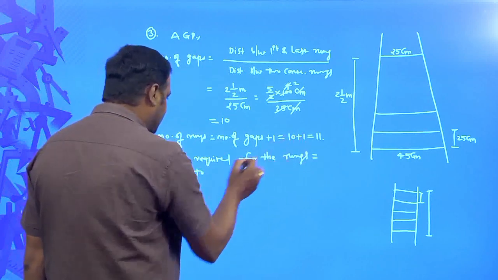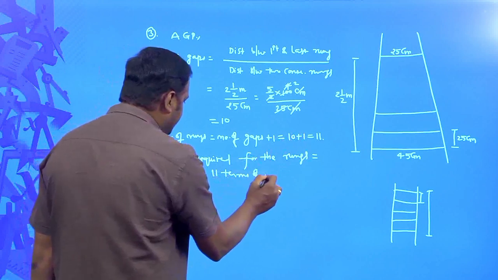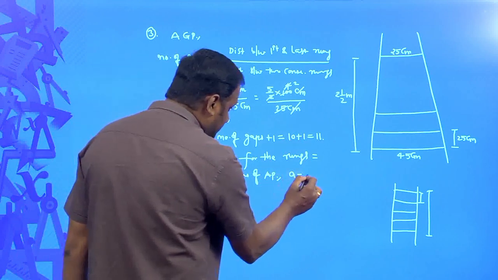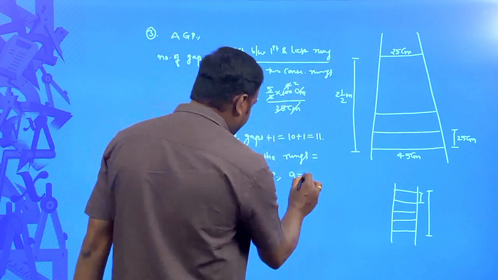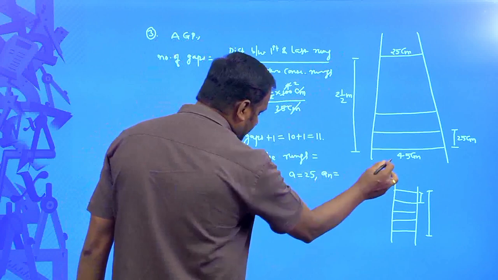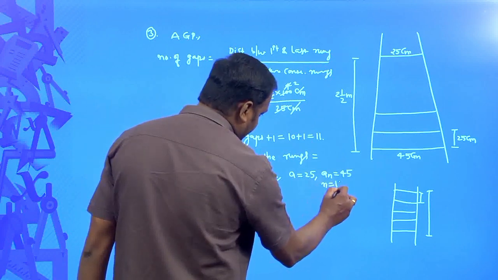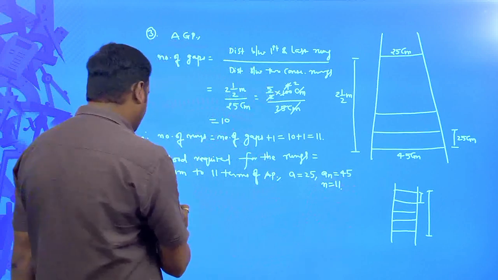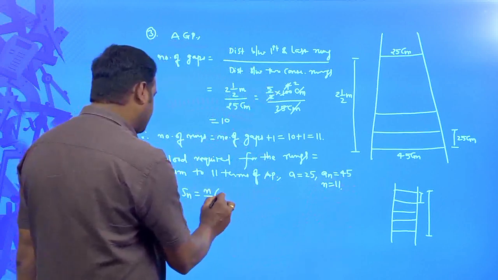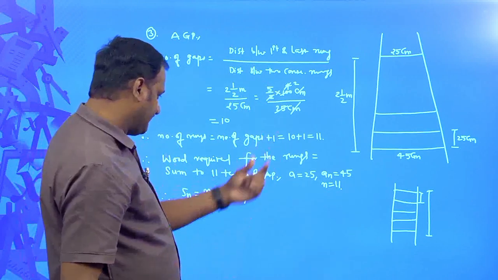Sum to 11 terms of AP, in which the value of a is going to be the first rung, that is 25 centimeters, and a_n is going to be 45 centimeters, and n is going to be 11, right. We can use the formula S_n is equal to n by 2 into a plus a_n, where n is equal to 11.